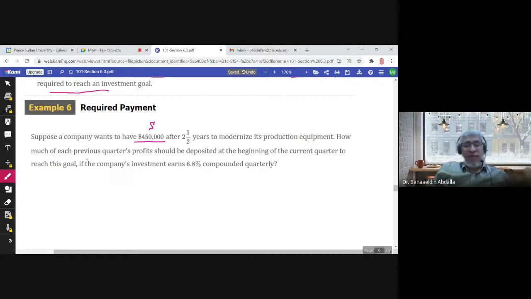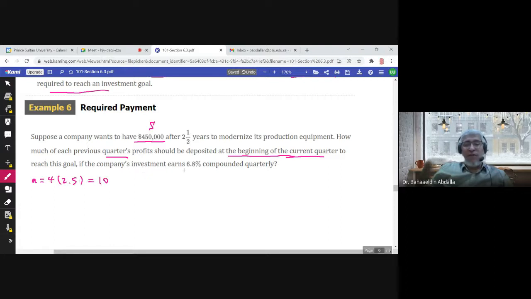How much of each previous quarter's profits should be deposited at the beginning of the current quarter? So this is an annuity due to reach the goal. What is n? n is 4 per year times 2.5 years, and that's 10 periods.